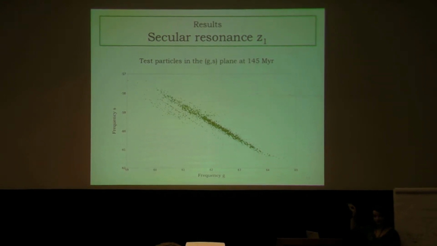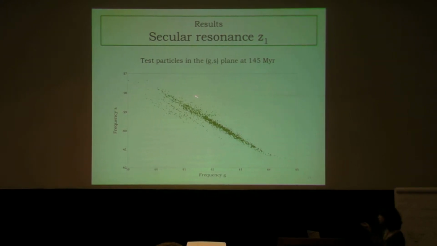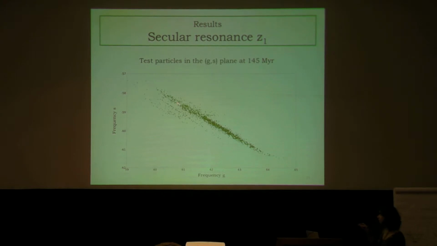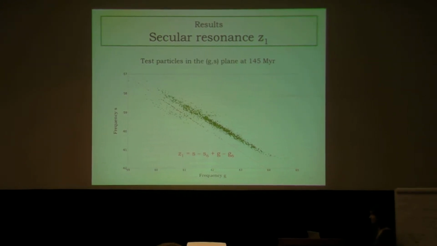Here I plotted our test particles in the g-s frequencies plane. Most of the family members are located in this compact area, but you can probably see this linear trend here, which is located where the z1 resonance is also located in this plane.